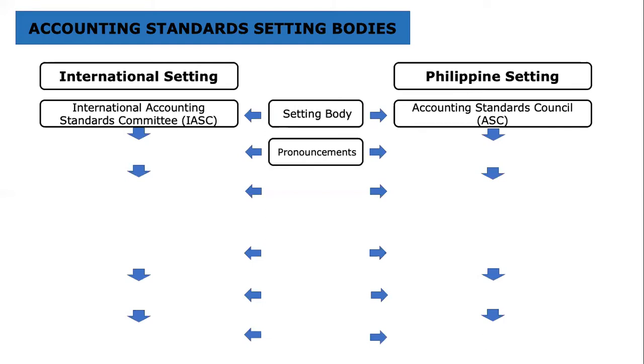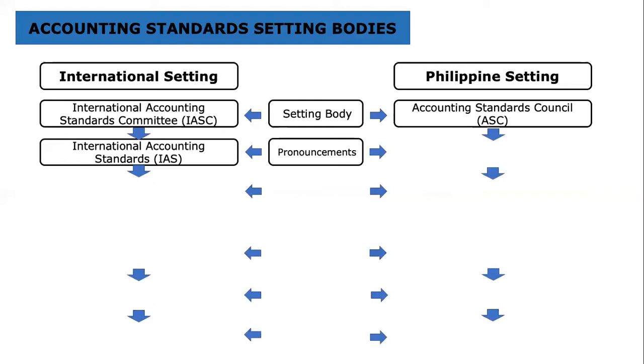Ito yung standards created by this standard setting body. So anong tawag doon sa standards created by these standard setting bodies? So under international setting, IASC created the pronouncement or the standard called International Accounting Standards or IAS.